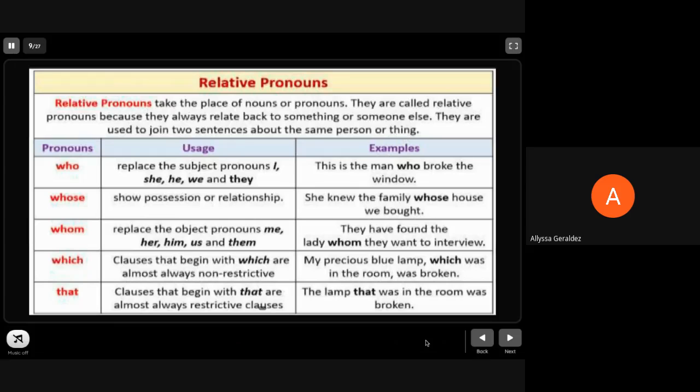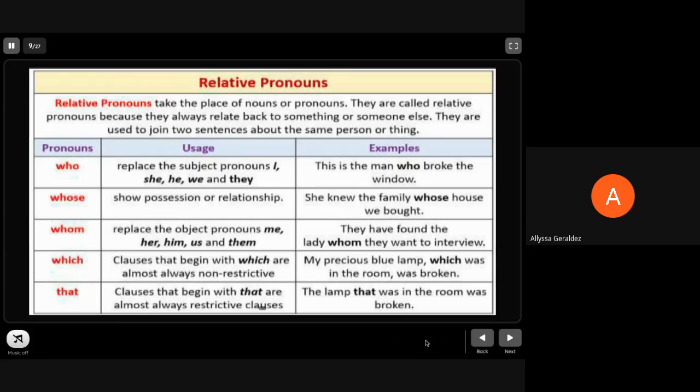Which clauses that begin with which are almost always non-restrictive. Non-restrictive means not essential, and it often begins with a comma. Example, my precious blue lamp, which was in the room, was broken.